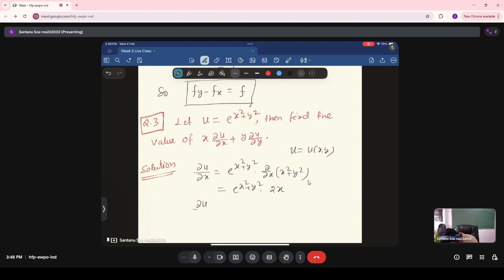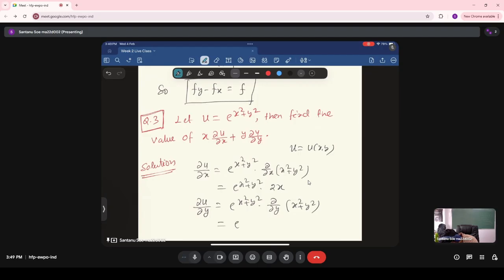Now similarly, del u del y is e to the power x square plus y square times the partial derivative of x square plus y square with respect to y, which will be 2y, because the derivative of x square with respect to y will be 0.